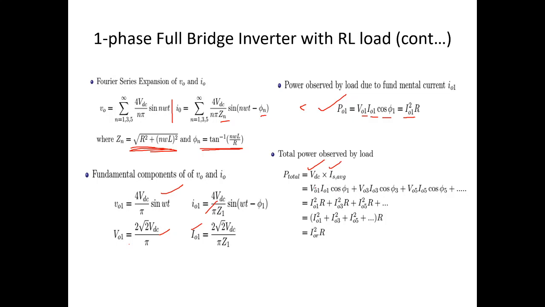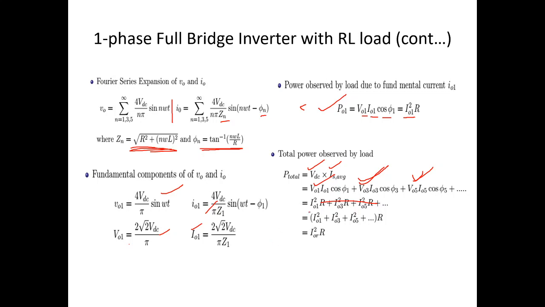Coming to the load side, it is equal to the power absorbed by the load due to each component of the output voltage. This is due to the fundamental component, this is due to the third harmonic, the fifth harmonic, and so on. The other way of finding that: because the load resistor is the only element which can absorb power, if you know the current due to each harmonic, you can find the power absorbed by the load due to each component.